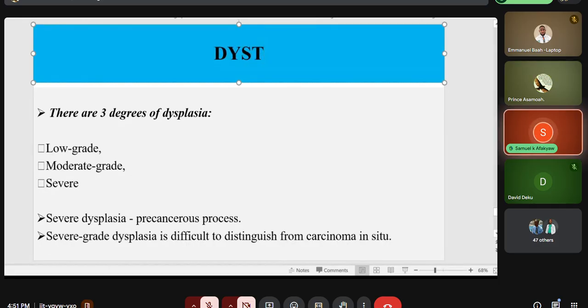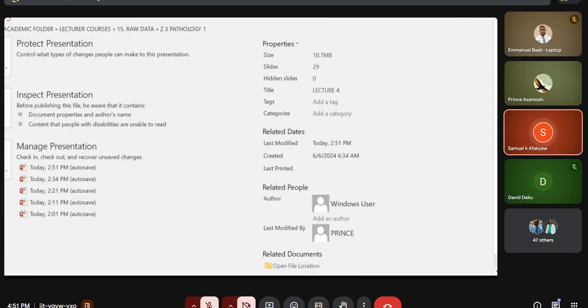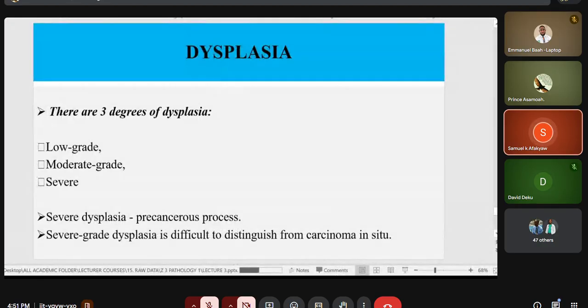Okay, sir. For the question that Mr. David Deku asked about the dysplasia issue, about the acid reflux, the research that I made and the article that I read was saying that for the dysplasia we have types and their location.